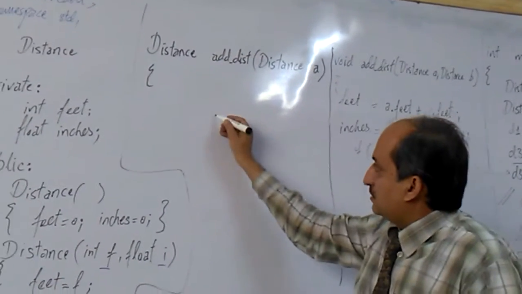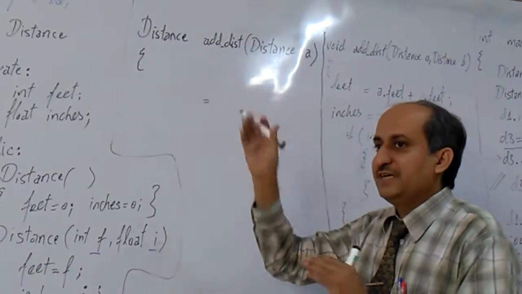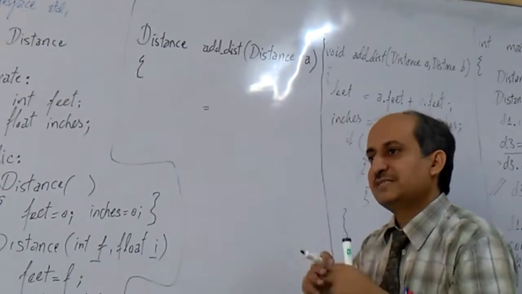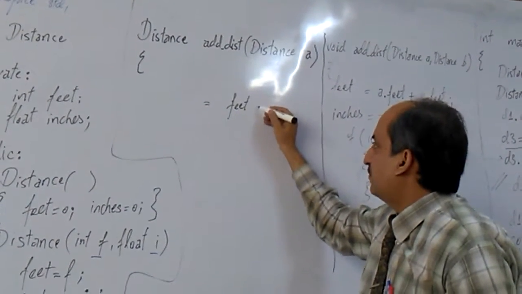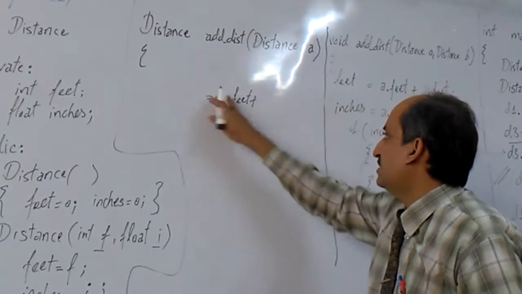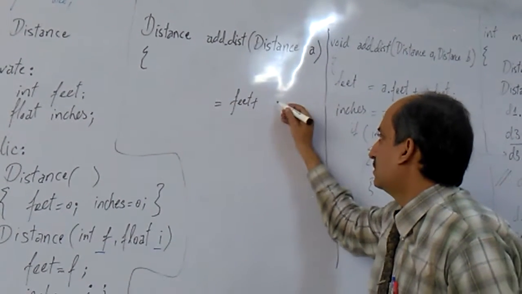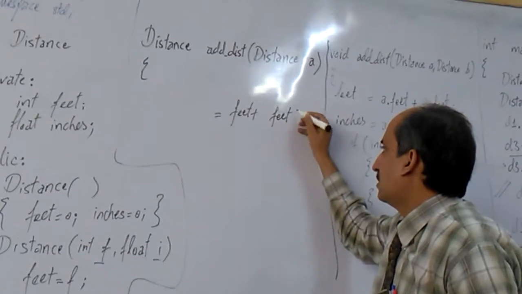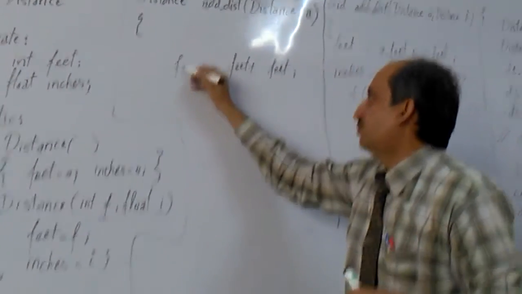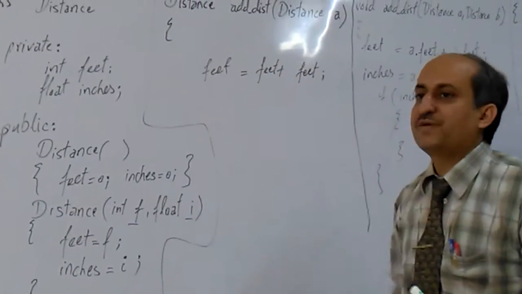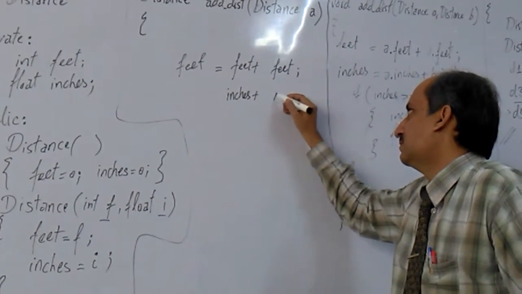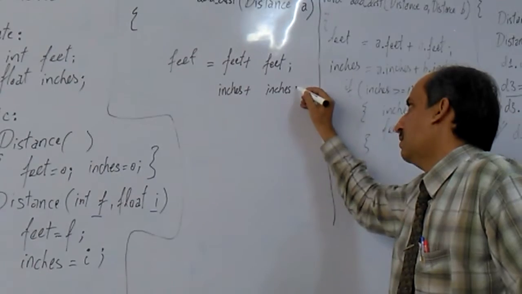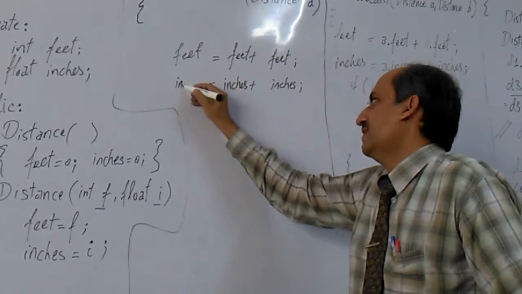So it means I have to add feet with feet and inches with inches. I may just first write that feet. I am adding feet to feet and storing it in some data member feet, and similarly I am adding inches to inches and storing it to inches.